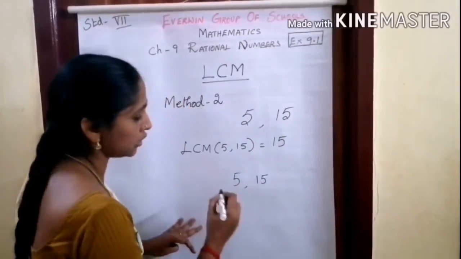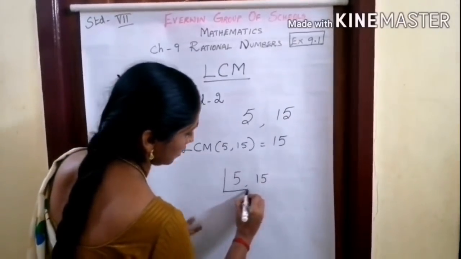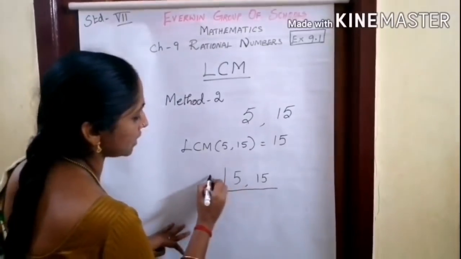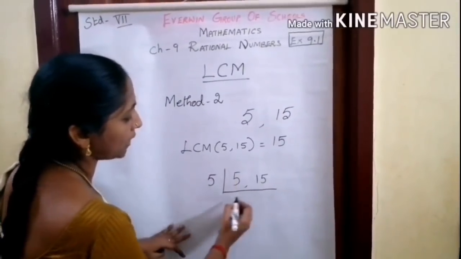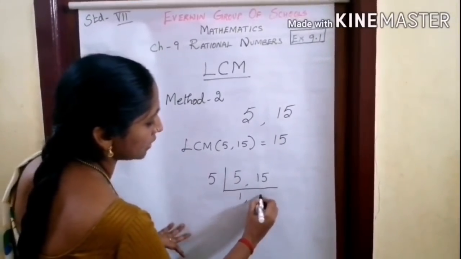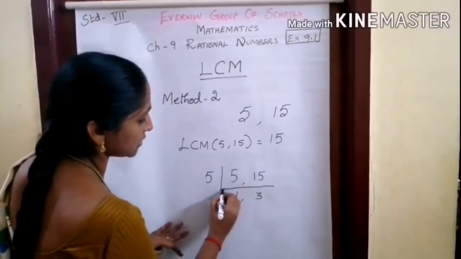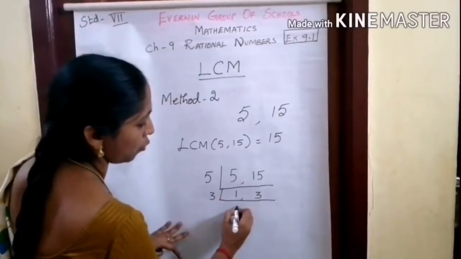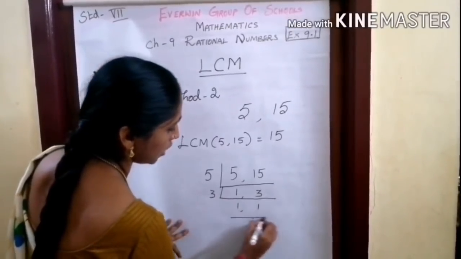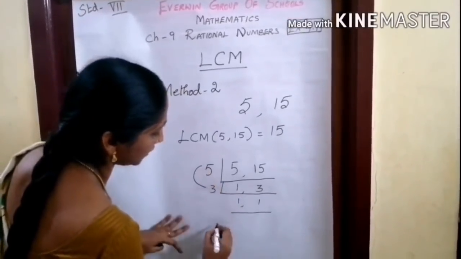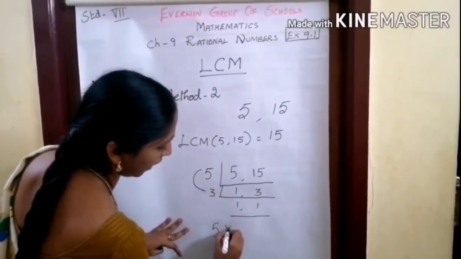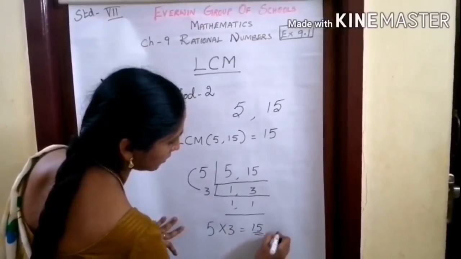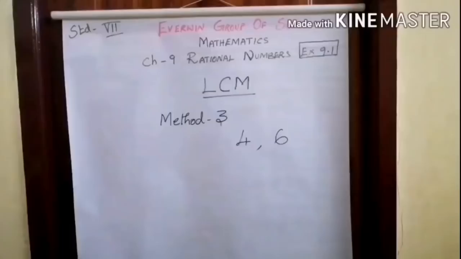I will clarify your doubt. Same L division. What is the common factor? 5. How many times? Here 1 time, here 3 times. Next, the number I will choose here is 3. 1 as is, 1 time. Now take the numbers 5 and 3. Multiply 5 into 3 is equal to 15, the same number I got here.